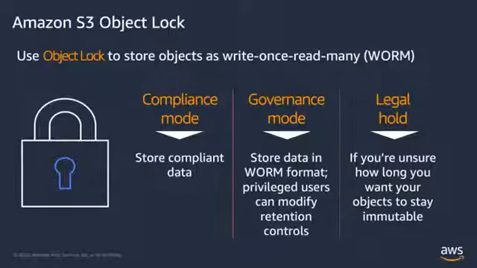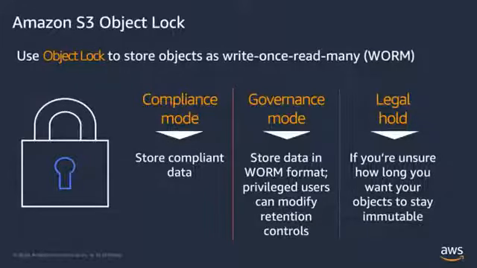Legal holds are independent from retention periods. Placing a legal hold on an object version doesn't affect the retention mode or the retention period for that object version. For example, suppose you place a legal hold on an object version while that object version is also protected by a retention period. If the retention period expires, the object doesn't lose its WORM protection.